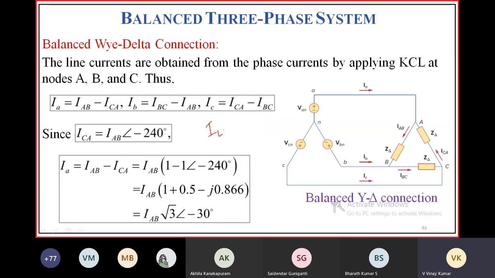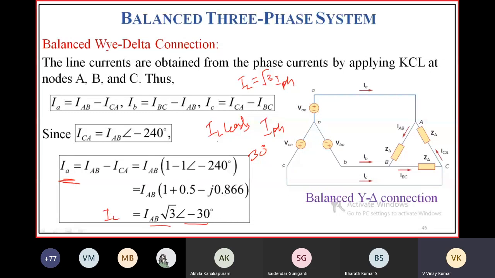Line current lags phase current by an angle 30 degrees. So IL is equal to root 3 times phase current at an angle minus 30 degrees. Because here, this is the phase current, this is the line current.